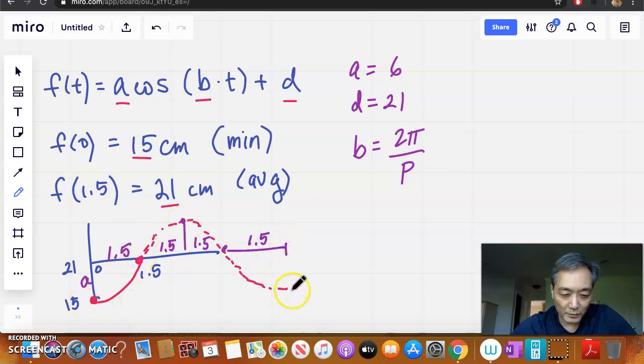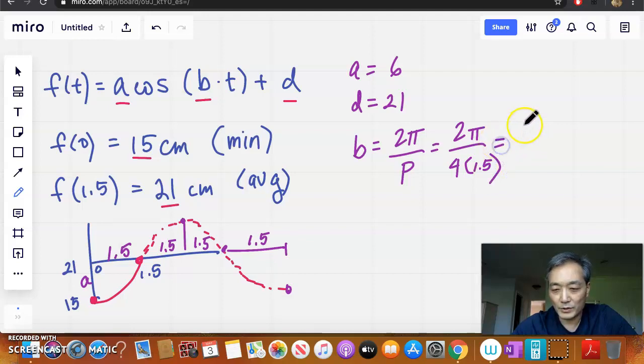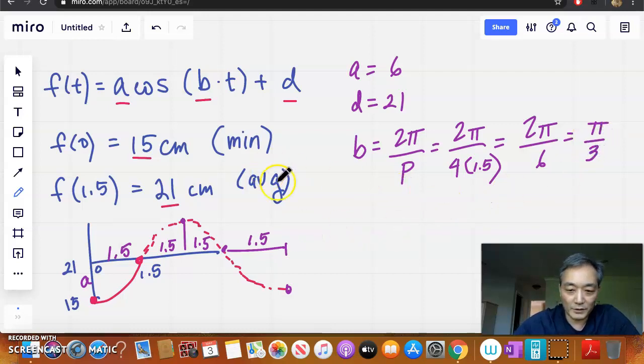There's a full period, one full curve. Sorry, it's not evenly spaced. So the period is 4 times 1.5. So B is 2 pi over 4 times 1.5, which is 2 pi over 6, which can be reduced to pi over 3. So I think we are ready now to write our function.